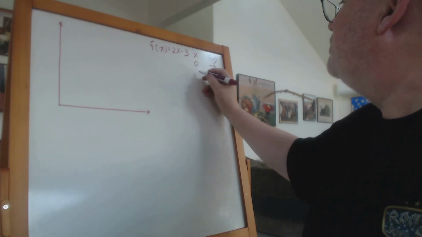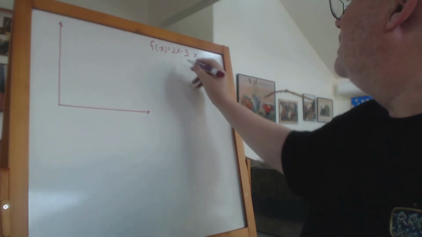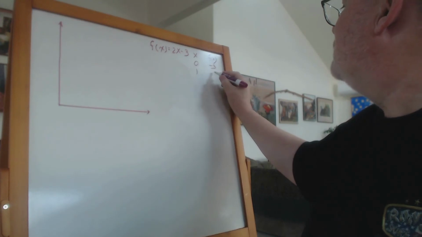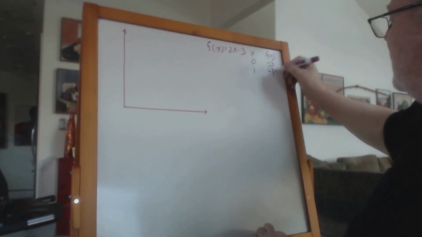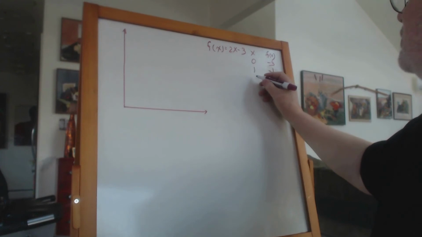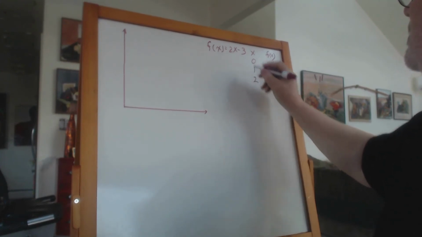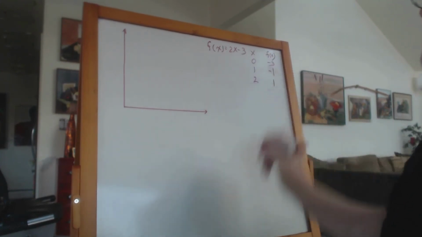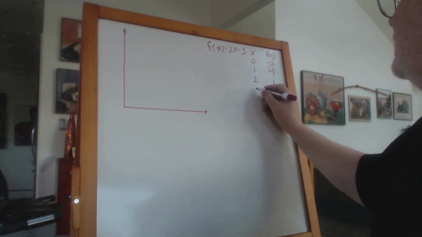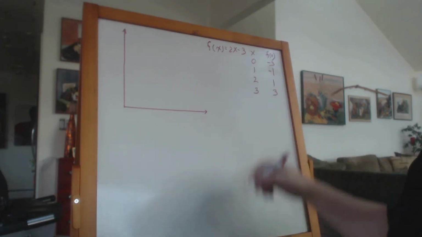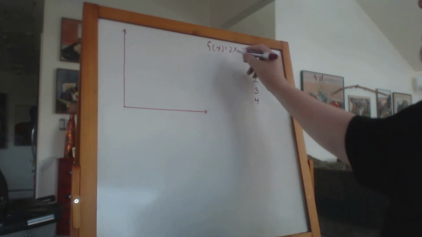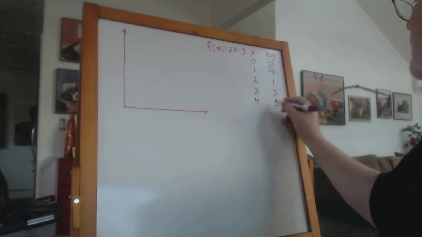When x is 1, then f of x is minus 1. When x is 2, we have 1. When x is 3, we have 3. When x is 4, 8 minus 3 is 5.